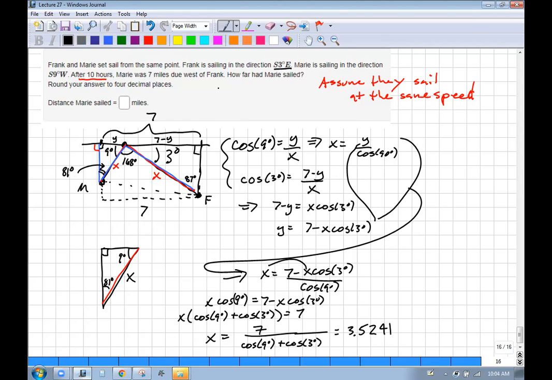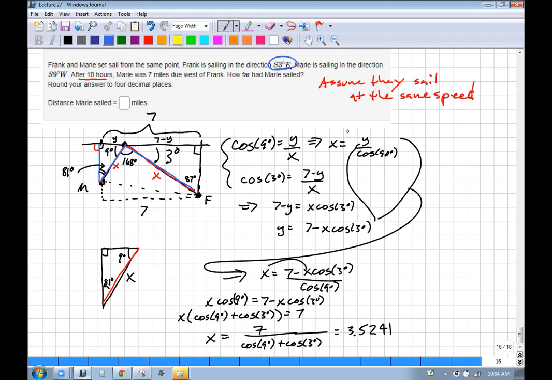Mary was 7 miles due west of Frank. Maybe, am I reading this right? South 3 degrees east. I don't remember doing stuff like this. South 3 degrees east. So they're going southeast, right? So this is south and east. And we get 3 degrees. Maybe I'm interpreting this wrong.